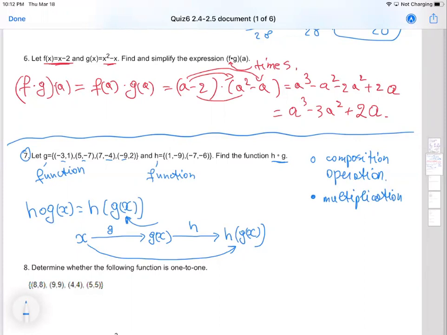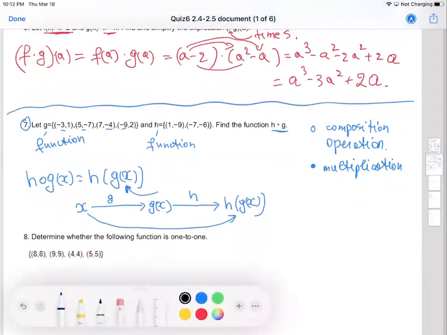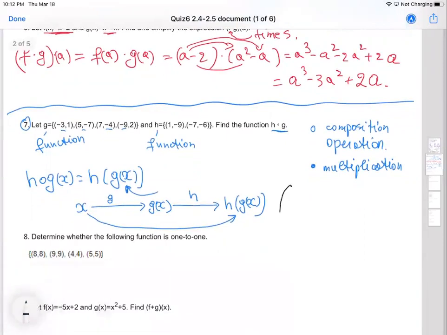What I'm going to do is write this as a mapping, because that will be easier to see. So I'm going to write g as a mapping. G takes -3 to 1. Takes 5 to -7.